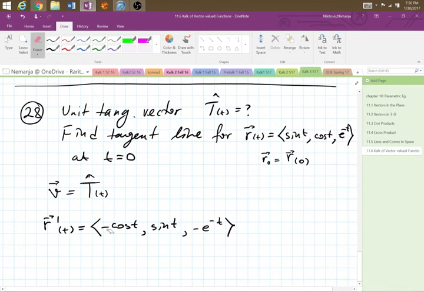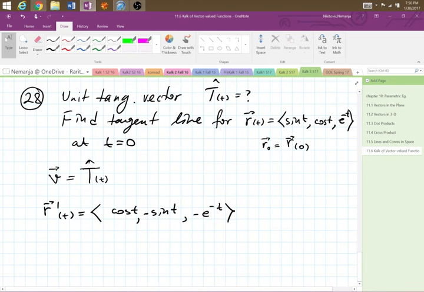That's what I said. So the derivative of sine is positive cosine, the derivative of cosine is negative sine, and then negative e to the negative t. Then we need the magnitude of it, which is all of them squared.